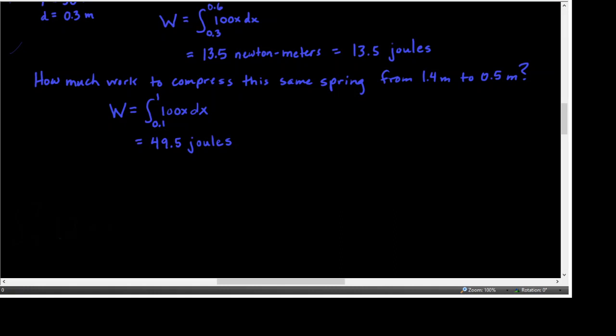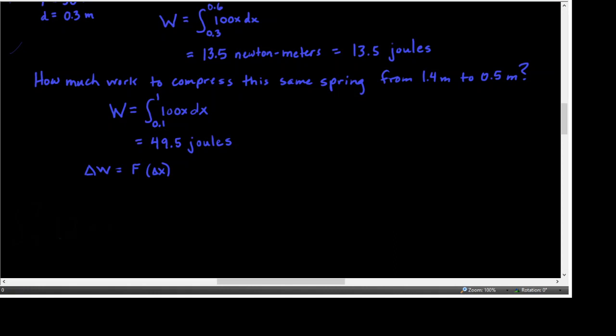What we were working with at that time was, and like I said, I kind of skipped over this, that our change in work, our delta W, was force times an incremental change in x, the distance.